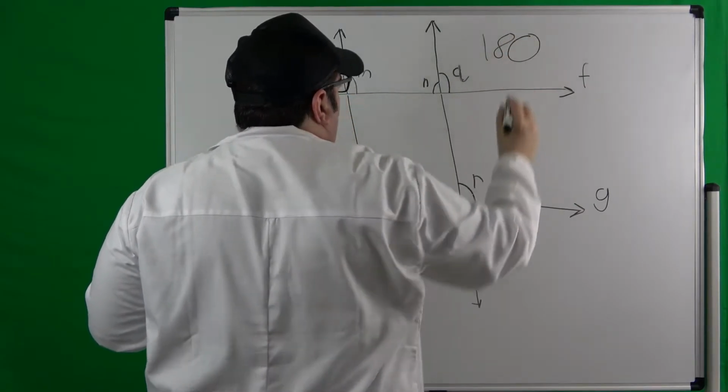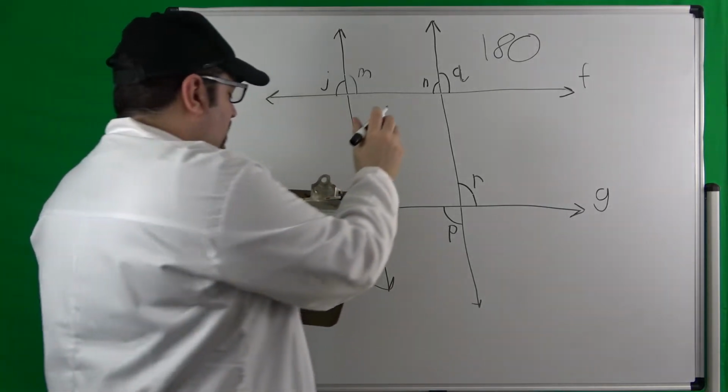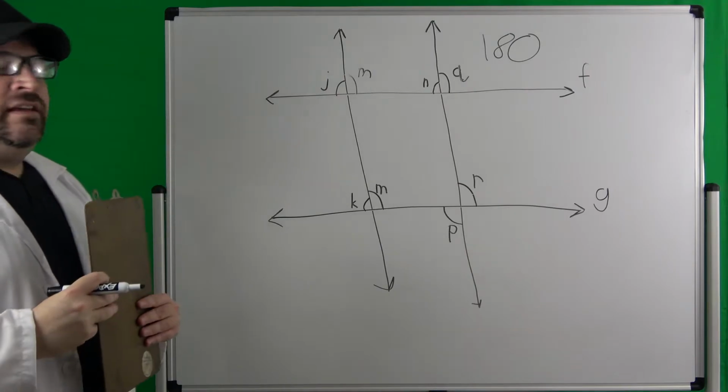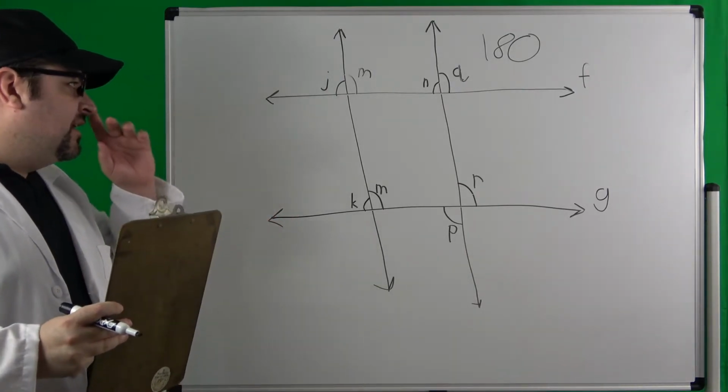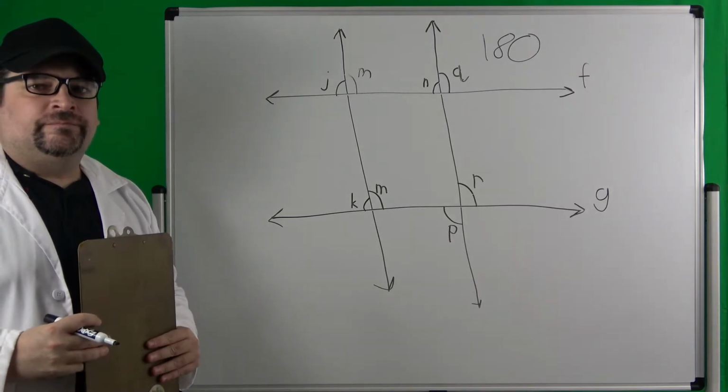So, okay, that was B. Angle N and angle R. The key to that one, once again, was just realizing that they're trying to trick you.